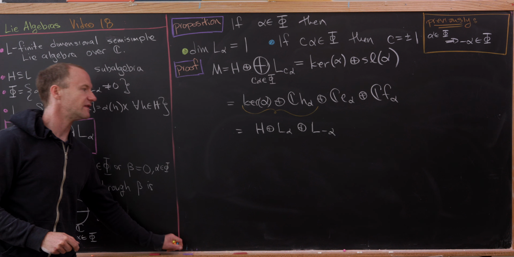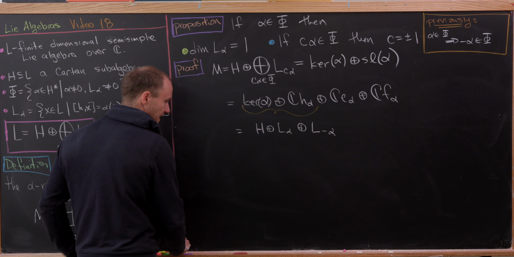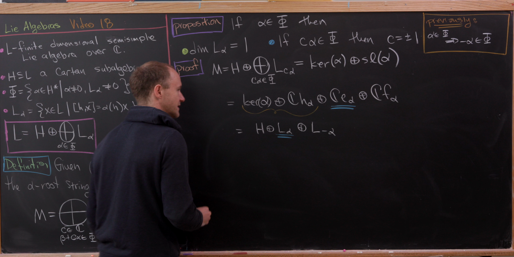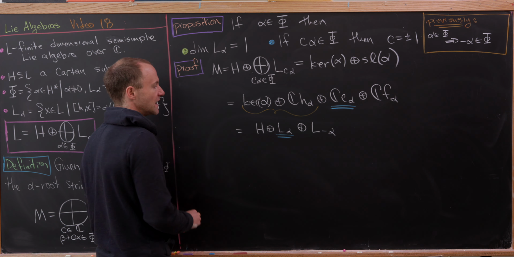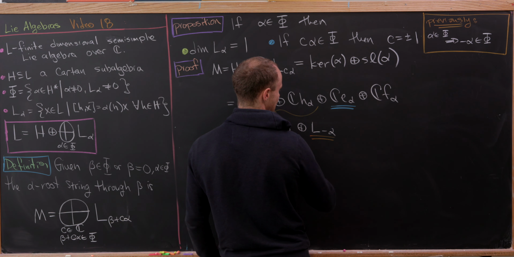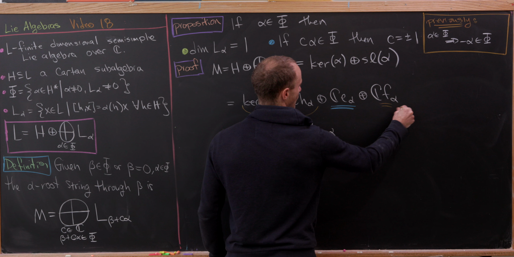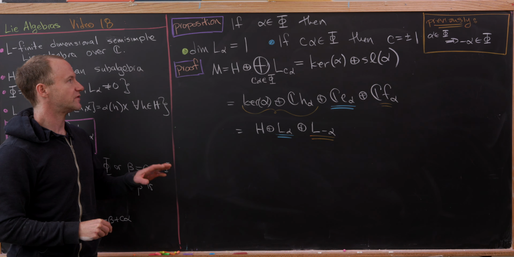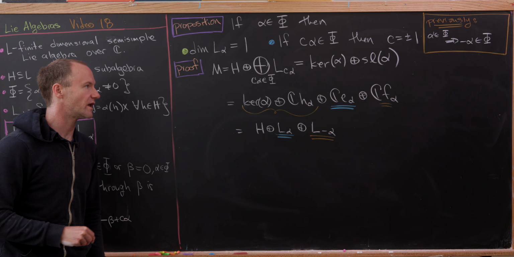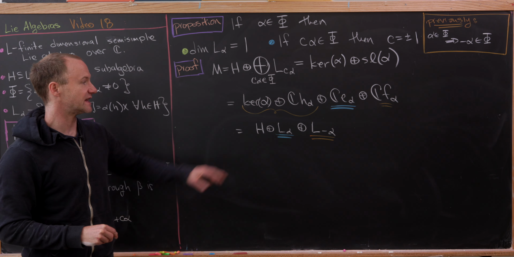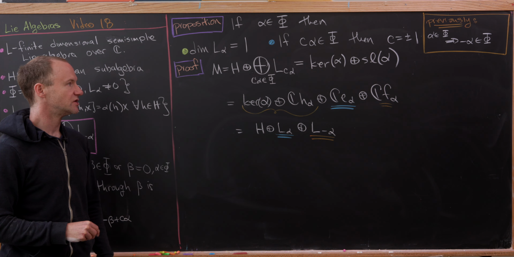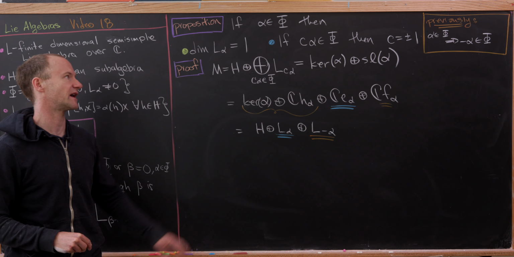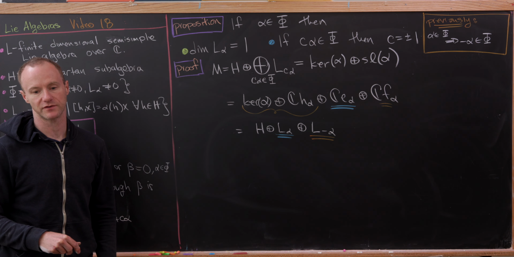So in the end, we see that this L alpha is exactly this one-dimensional subspace CE alpha, and this L minus alpha is the one-dimensional subspace CF alpha. So that shows us that each of these is one-dimensional. Also, notice that inside of this decomposition, you don't see a multiple of alpha other than plus or minus 1, and that's the second part of the result.